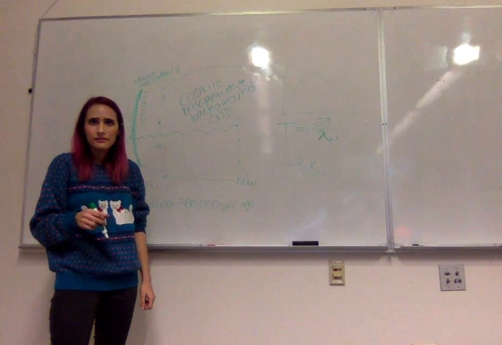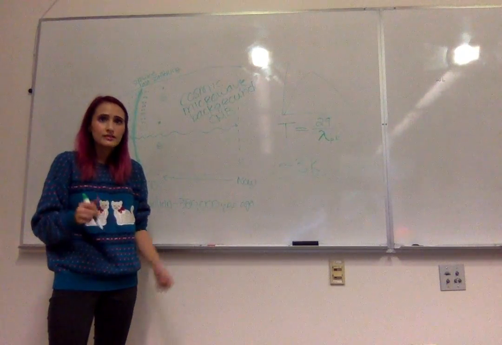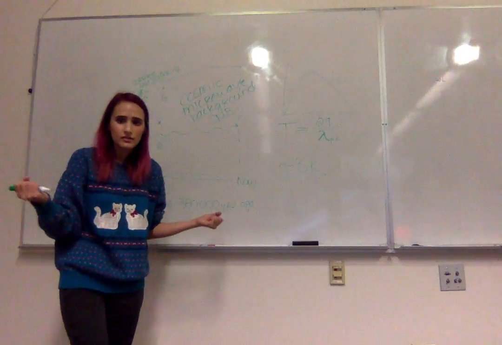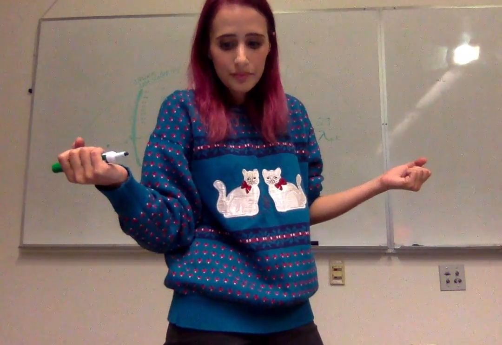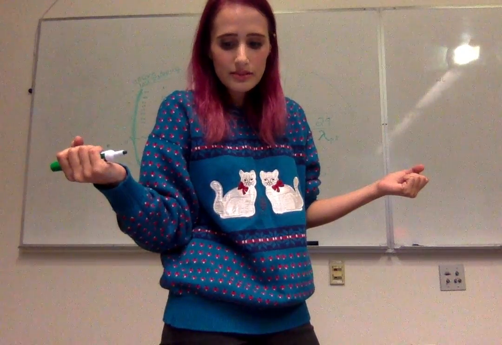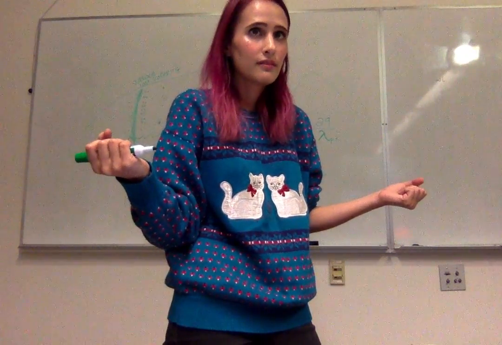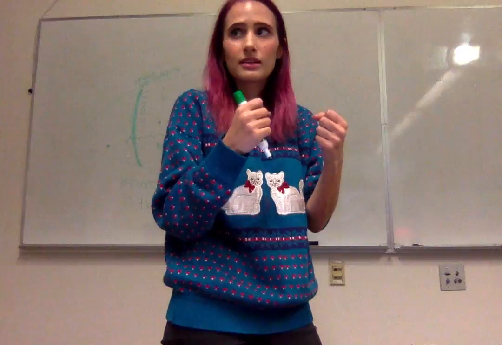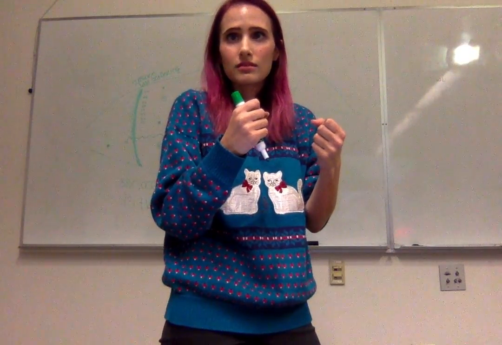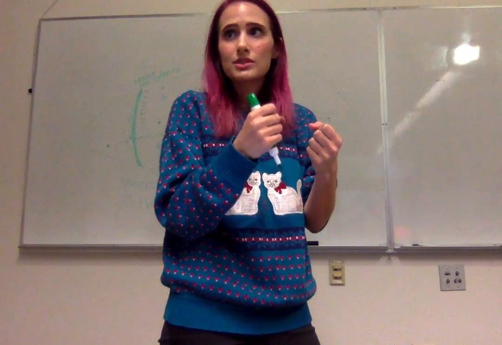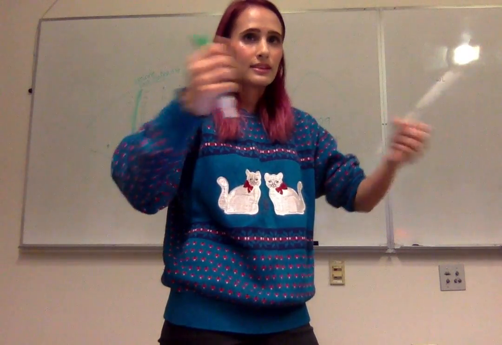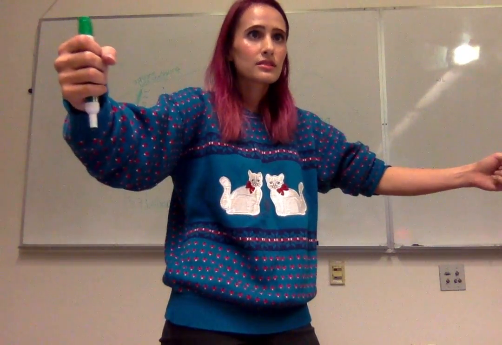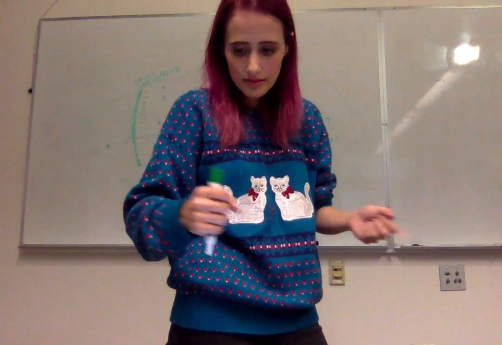The universe expanded, and it stretched the light out. The universe expanded by about 1,100 times. So when that light was emitted, the universe was 1,100 times smaller than it is now. And so the universe stretched out, and the light stretched out with it.